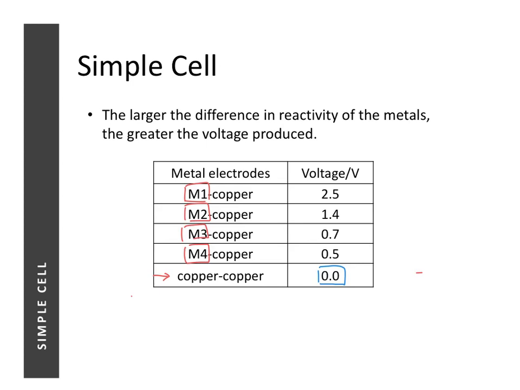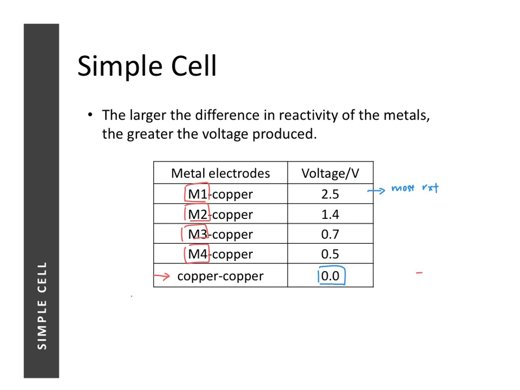If we look at the 4 examples above, you find that you have voltages produced for all 4 of them, with the voltage being the highest for the first one, where M1 is paired with copper. What we can deduce from that is that M1 is the most reactive amongst the 4 metals.